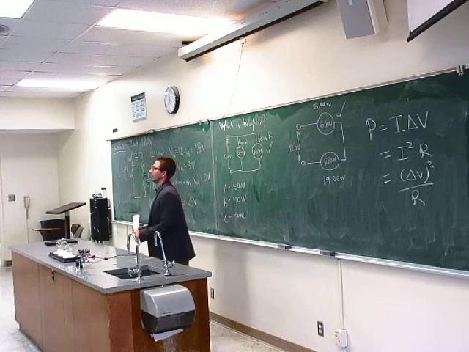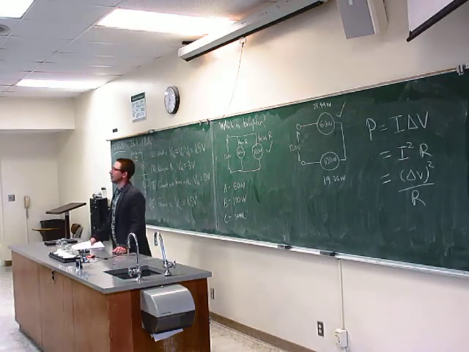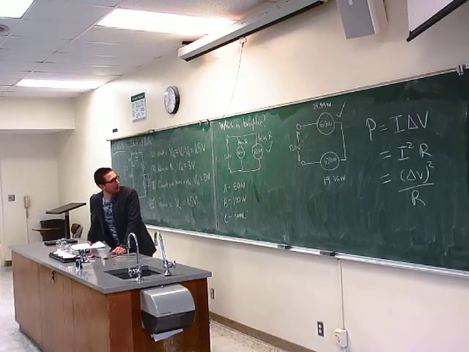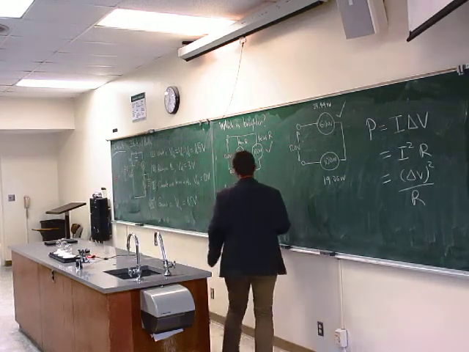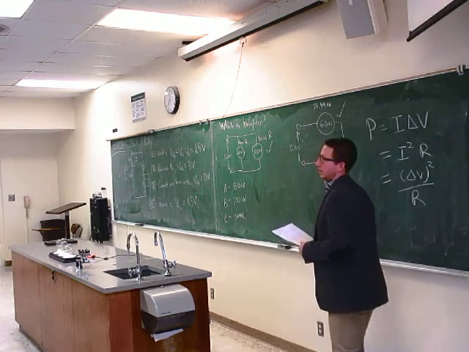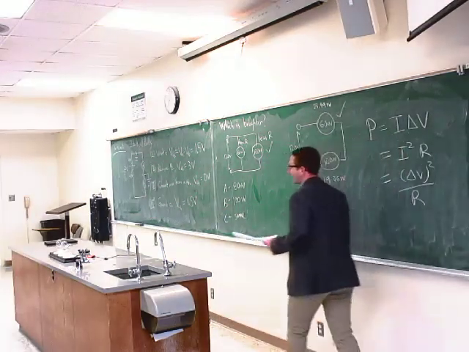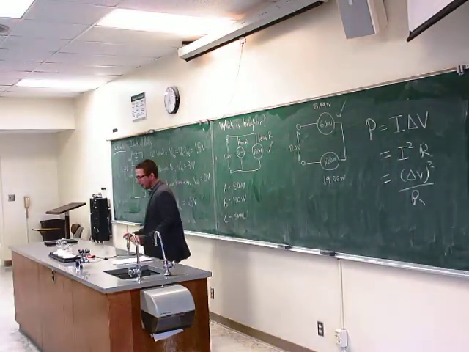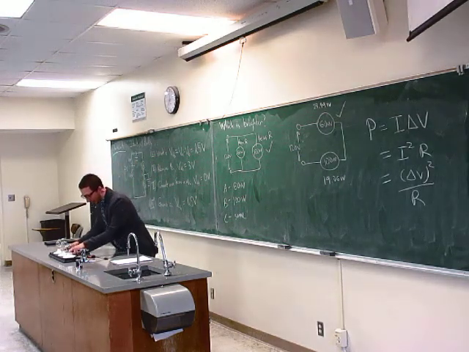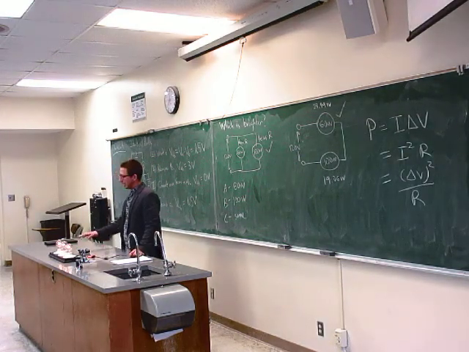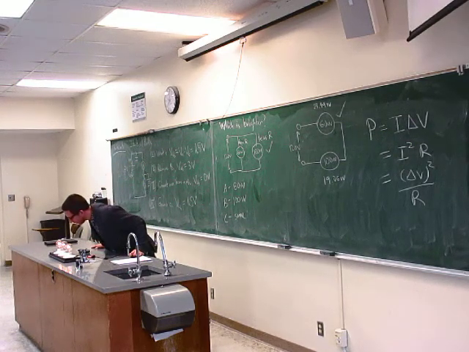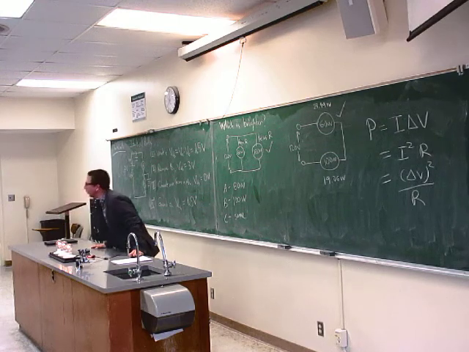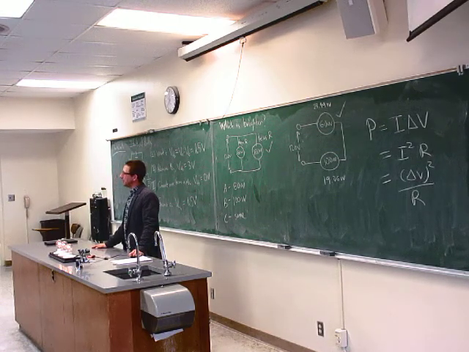Yes? So could you say that the first circuit is more efficient than the second circuit, because both bulbs are operating at their max wattage? Okay, excellent question. If I take 3 bulbs and connect them in series across 120 volts, these bulbs are all rated 60, 60, 60 watts. But they're connected in series, so they're not dissipating 60 watts each.